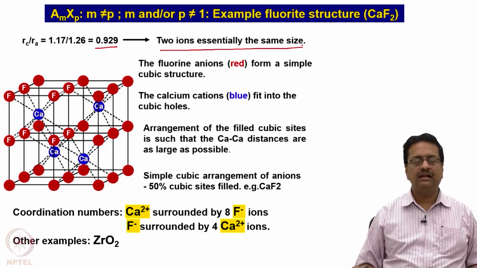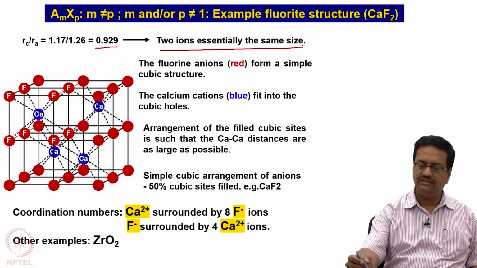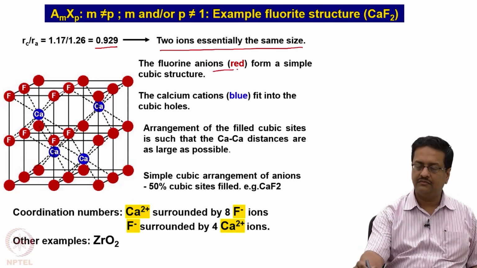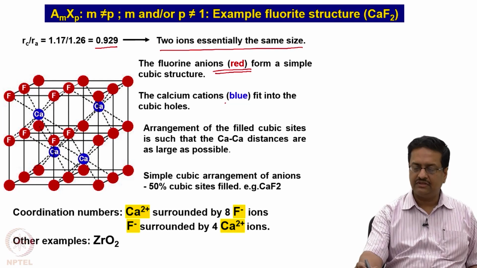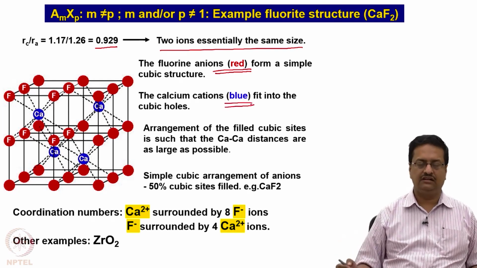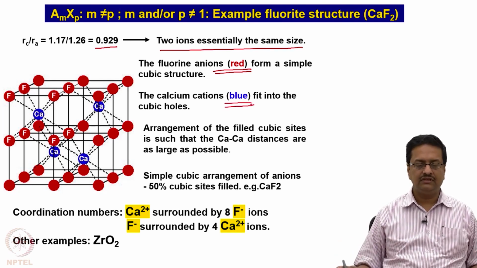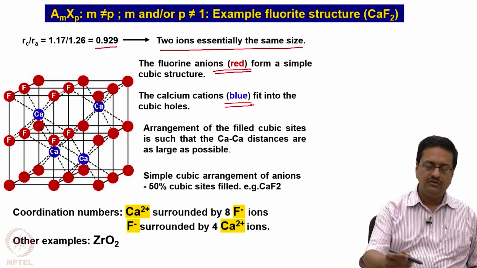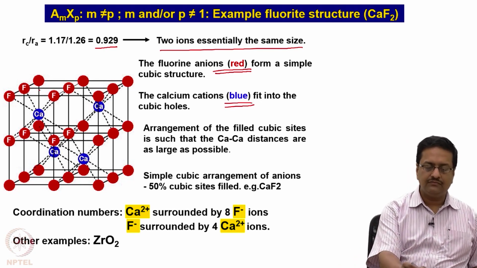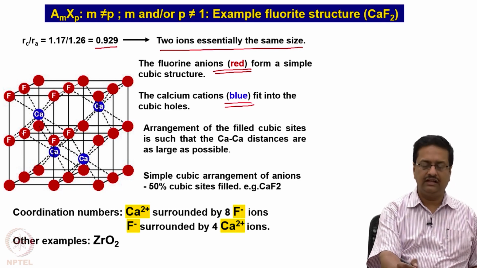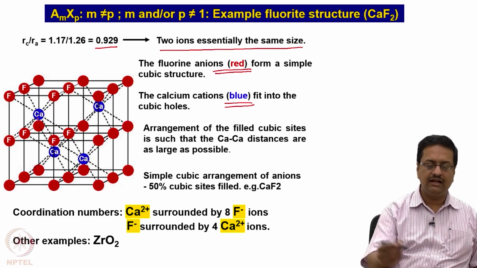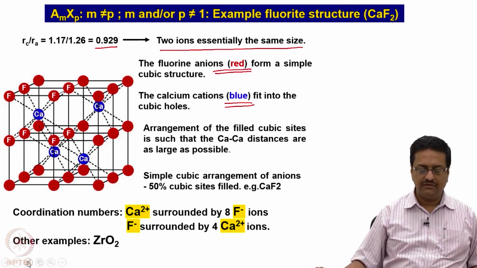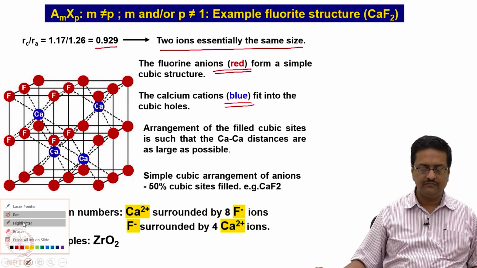Here on the left hand side, the fluoride anions are represented as red circles and the calcium cations are represented as blue circles, and what we see is a simple cubic lattice of fluoride ions, and at the center of that simple cubic lattice we have a calcium ion present.